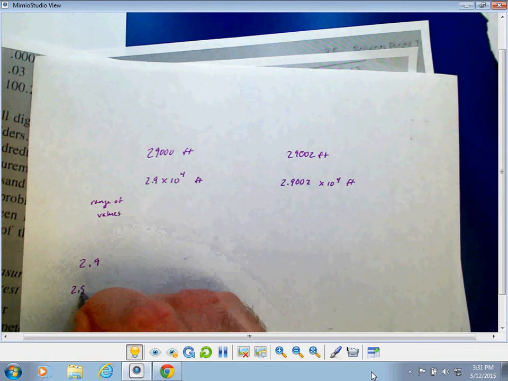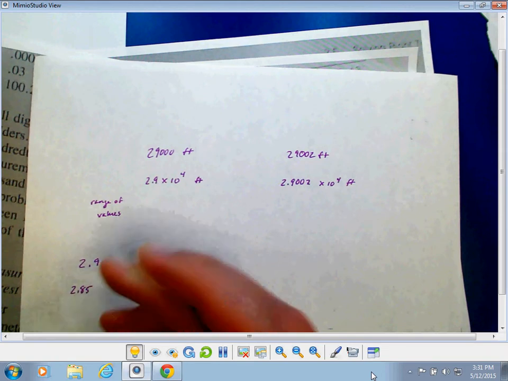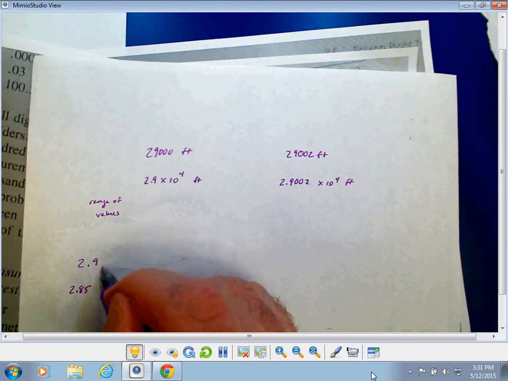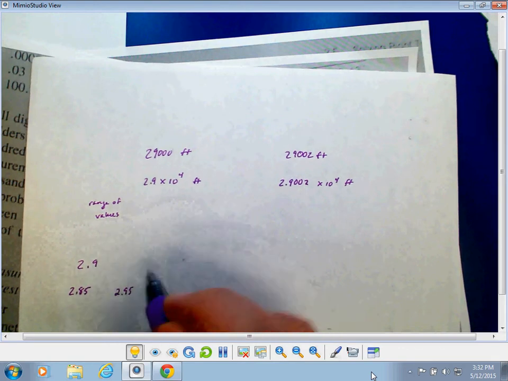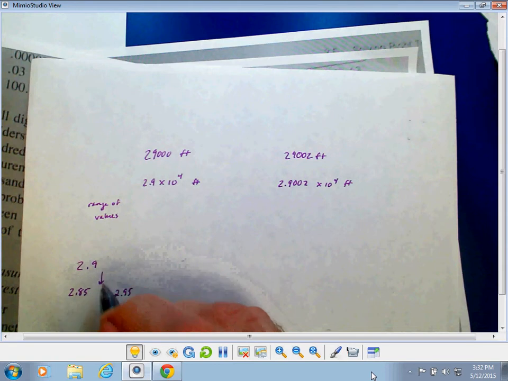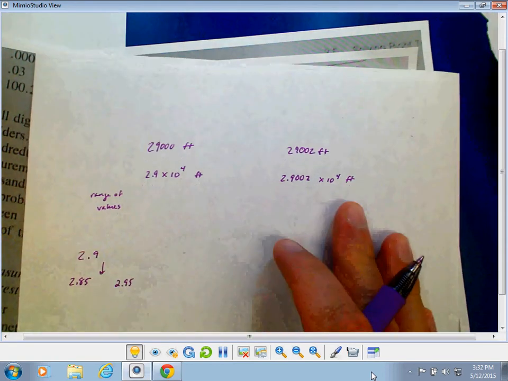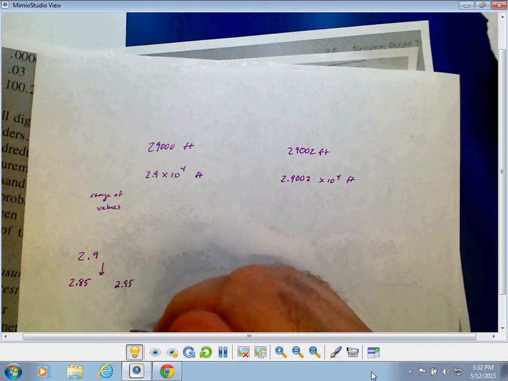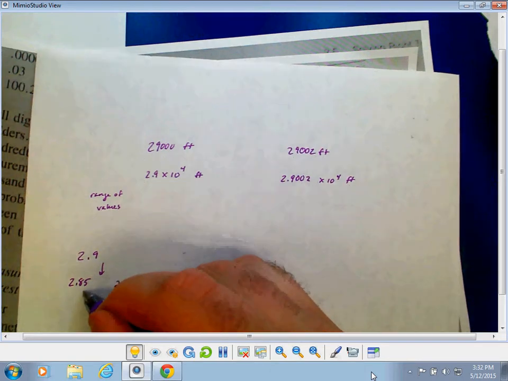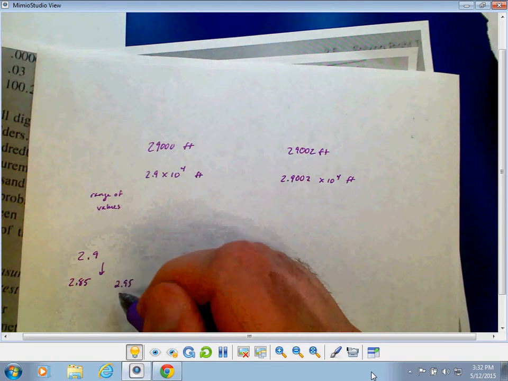So from 2.85, because I took this last number and I'm saying, well, go down by 1/2 of an increment off the end, and I'm going to go up another 1/2 of an increment to 2.95. Do you understand that this number is right in the middle of these? All I did was move it by a half on each side. This is 0.05 below and 0.05 above.